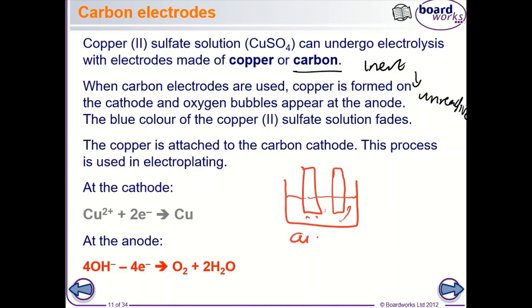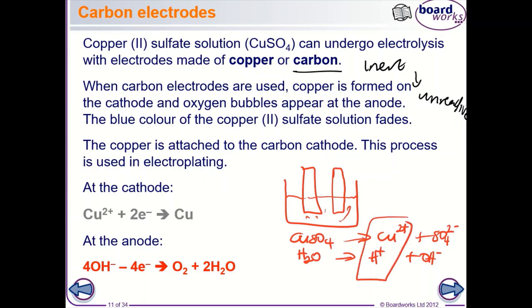Copper sulfate, like we've been doing before, will split into copper positive ion and sulfate negative ion. Of course, since it's in a solution, you would expect that you have hydrogen ion and hydroxide ion. So you have positive ions and negative ions.